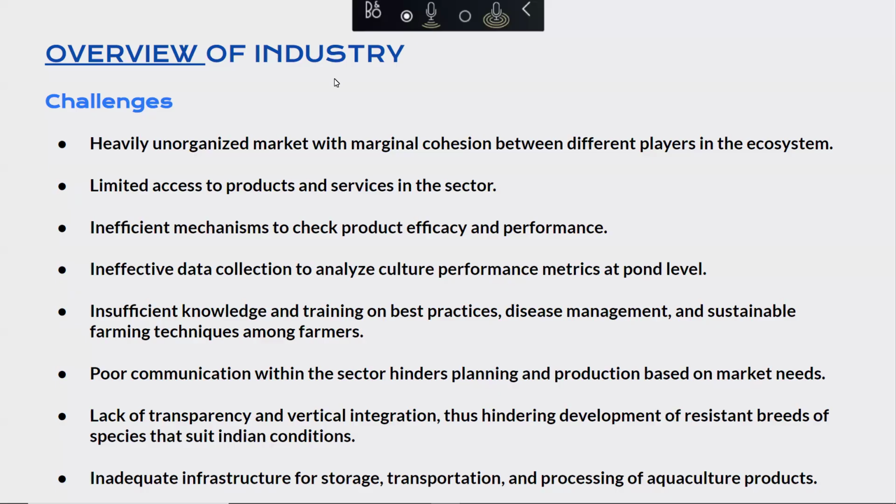The farmer in a certain region has only one or two options when it comes to seed, feed, or healthcare, and he has to live with those options, even though they are producing bad results. He doesn't have the option or access to other players, better shrimp seed or healthcare.